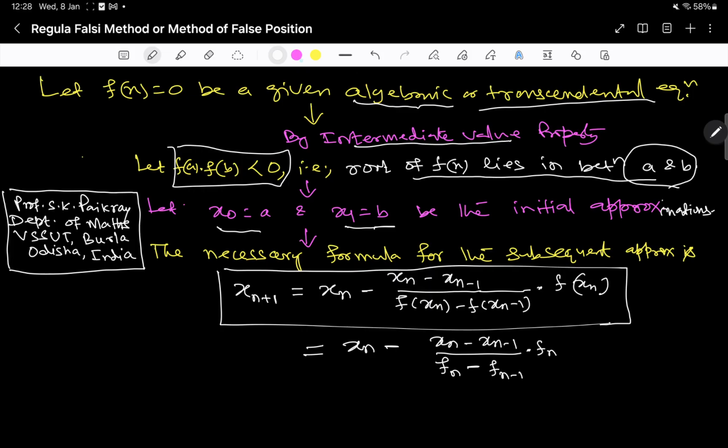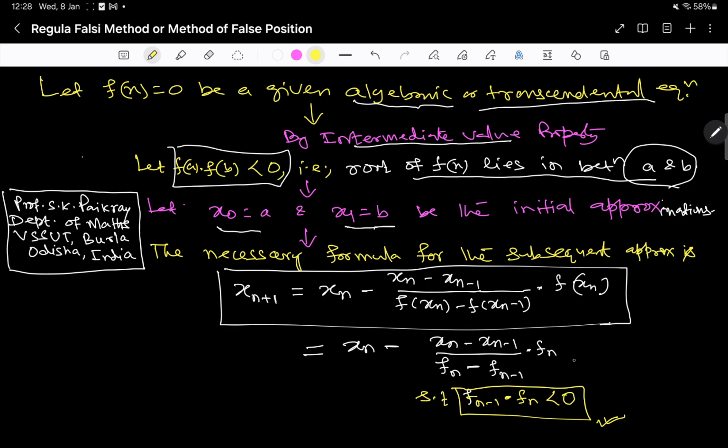Here the condition is that f(n-1) into fn must be less than 0. This condition must hold in every step.